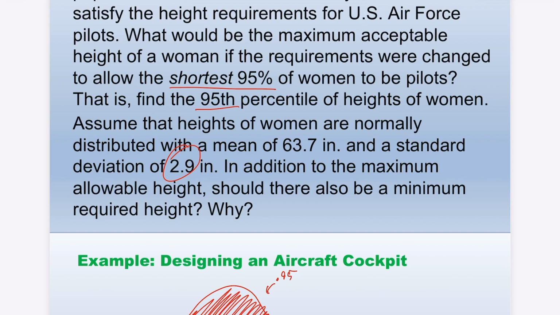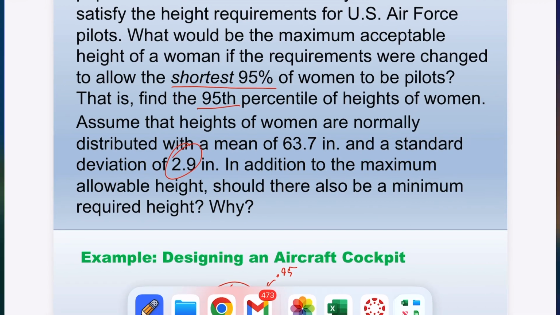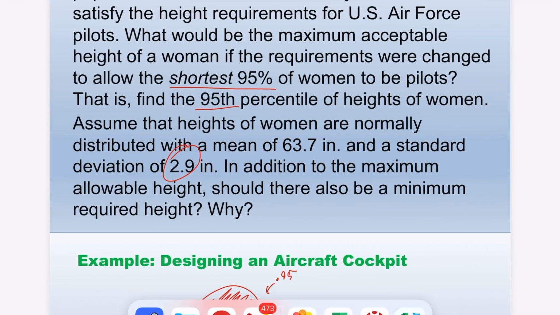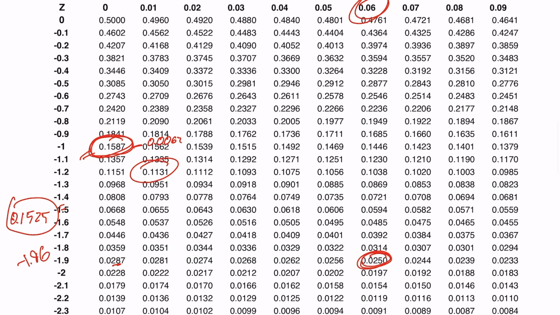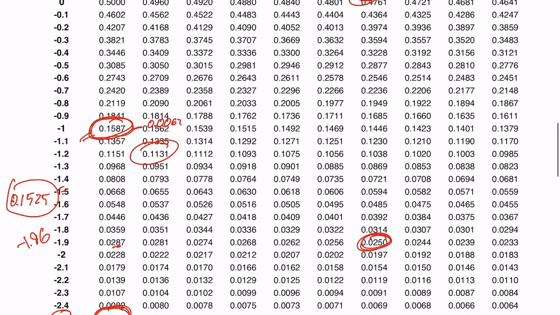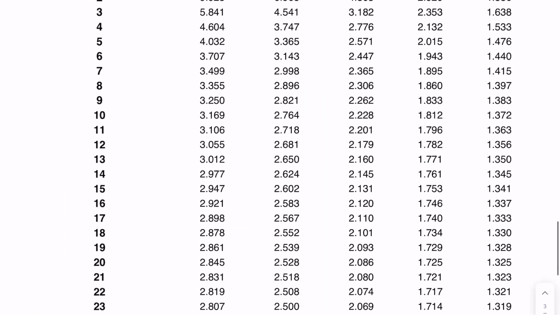Let me go ahead and use the table. This is definitely going to be a positive value, right? Because it covers so much area.